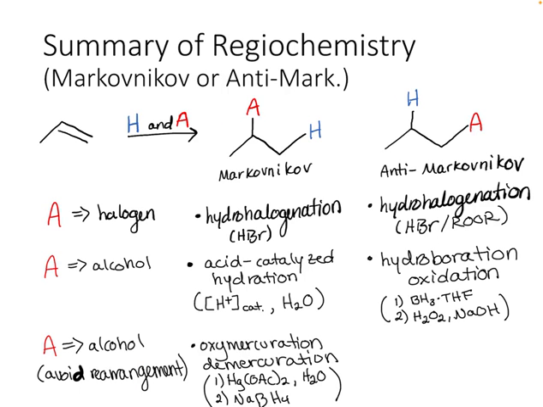Okay, so I want to add an alcohol group, and I want to add it to the more substituted carbon. Okay, so it looks like there's actually a couple different ways we could do that. We could use acid catalyzed hydration or oxymercuration demercuration.